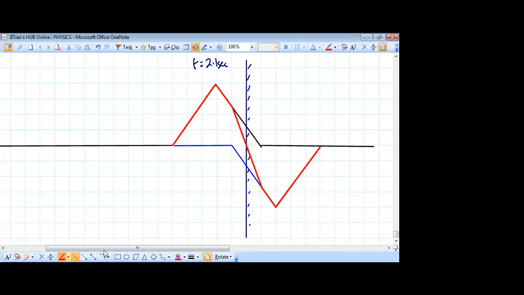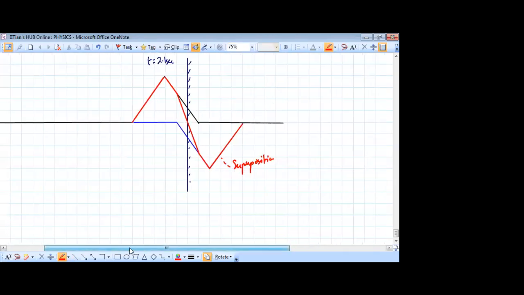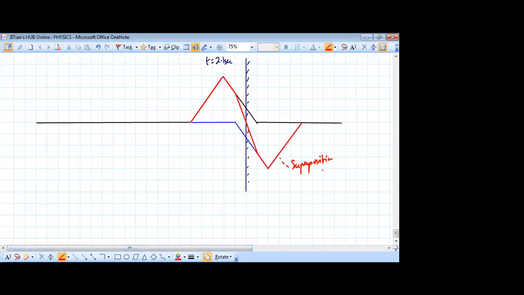So this is the superposition. And just to show, okay, so actually, how will the shape of the string be looking at this instant? The shape of the string will be looking like that half part.